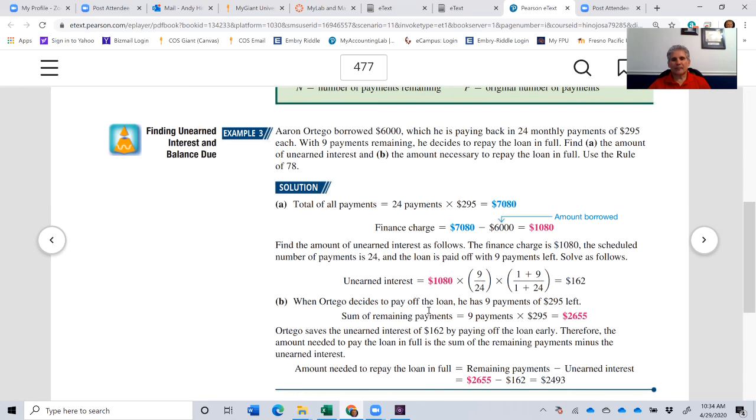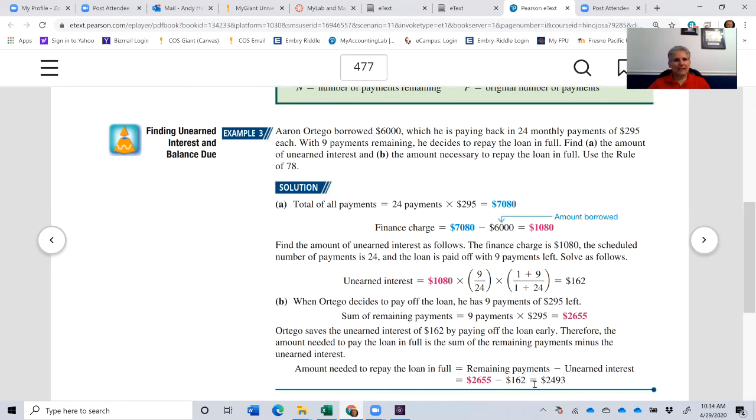When Ortega decides to pay off the loan, he has 9 payments of $295 left. Summing the remaining payments, 9 times 295 is $2,655. Using the rule of 78, we can then compute how much the payoff is. So $2,655 minus 162, which is what we came up with for unearned interest.